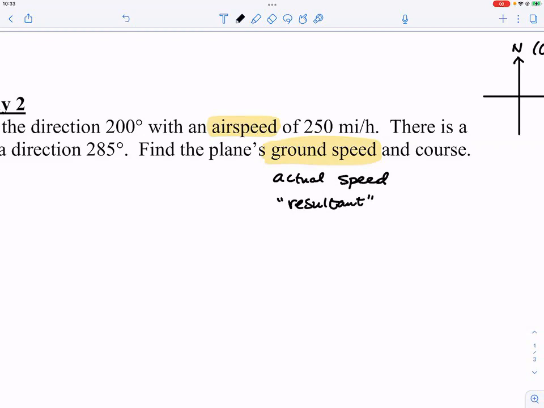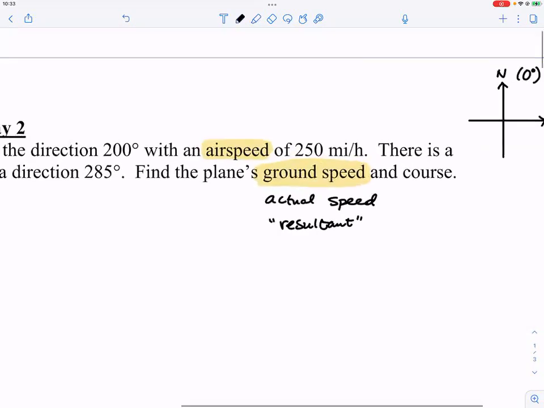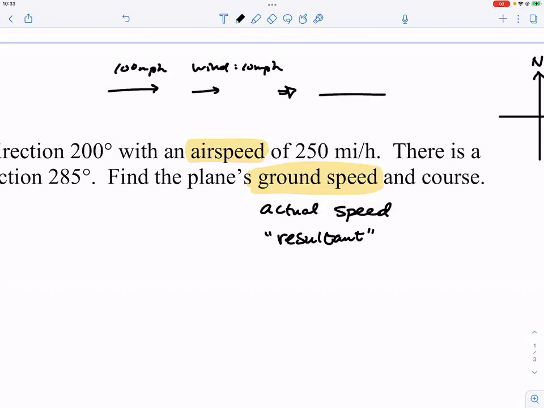So a simple idea, okay? A simple idea is that if a plane goes 100 miles per hour and the wind is blowing at 10 miles per hour, so the actual speed is 110 miles per hour.